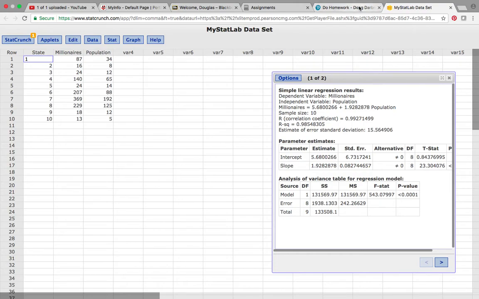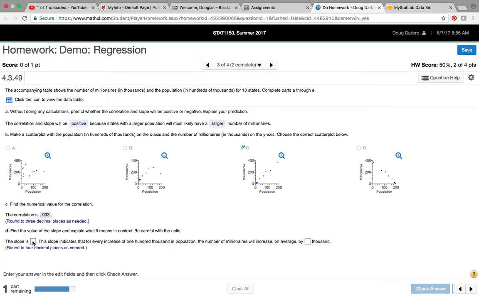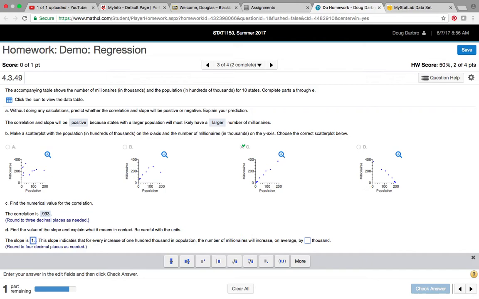Yes. So the slope is 1.9283. This slope indicates that for every increase of 100,000 in population, the number of millionaires will increase on average by how many thousand?